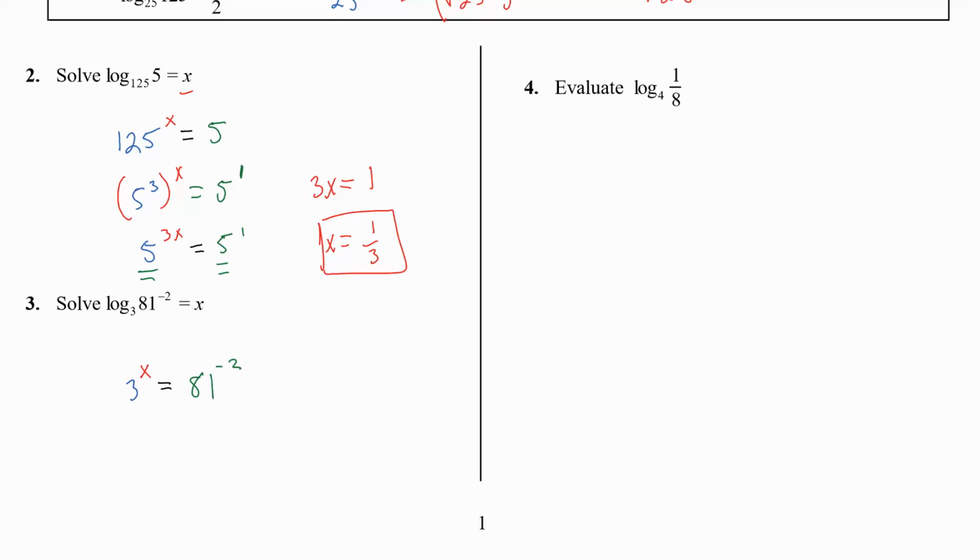All right, our next step is to make sure that the bases are the same. So 3 to the x cannot be rewritten, but 81 is the same thing as 3 to the 4th. So that is the same thing as 81, but we still have that -2 there.